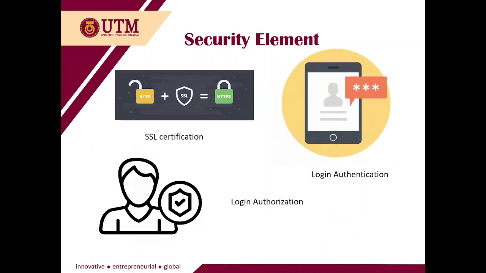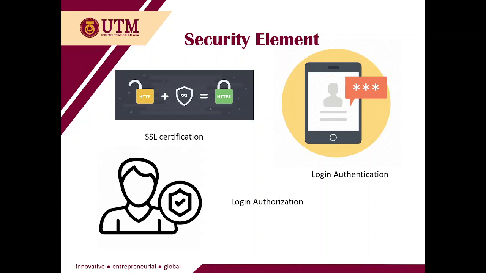The security elements that have been implemented in the system are, first, SSL certification for securing the website. The second one is login authentication, where the admin needs to input the admin credentials, which are the Gmail and the password.